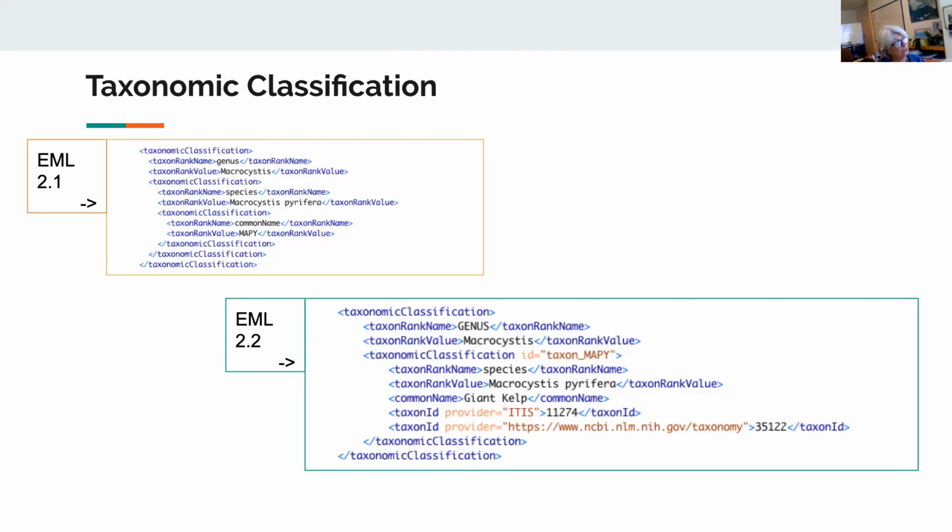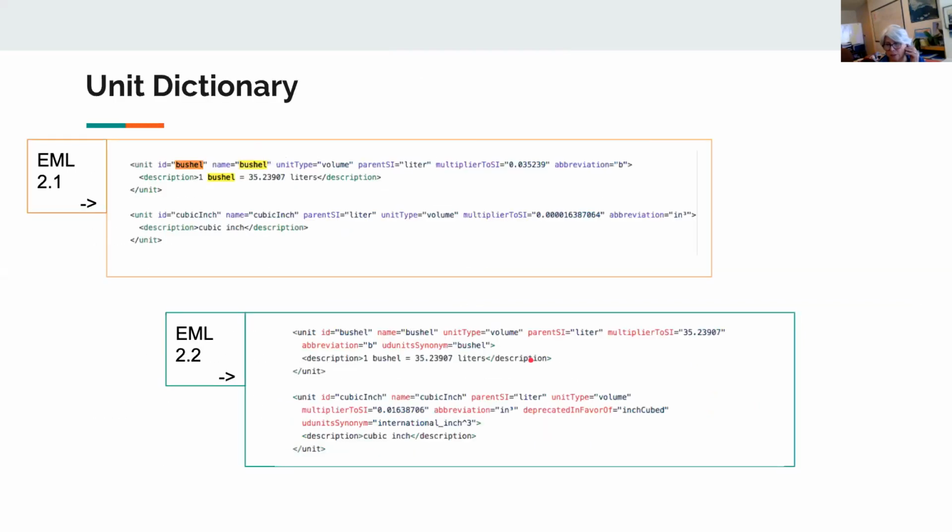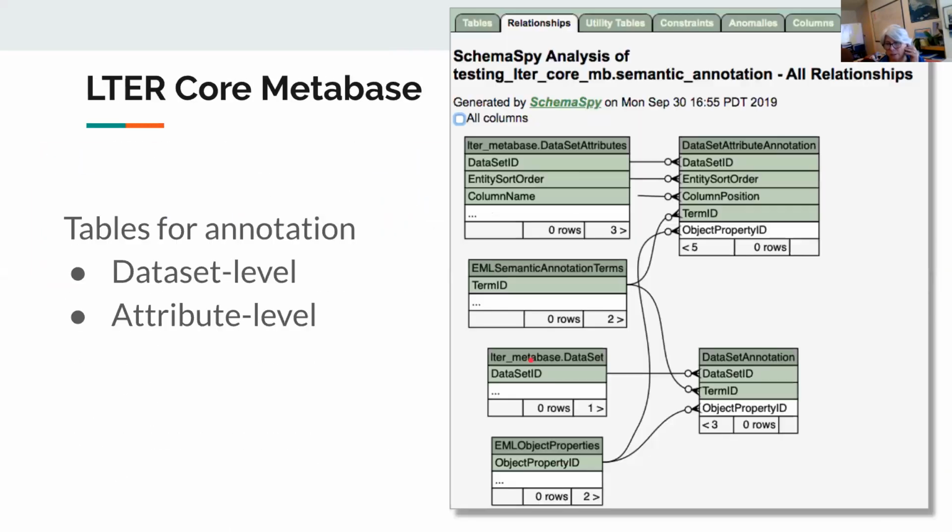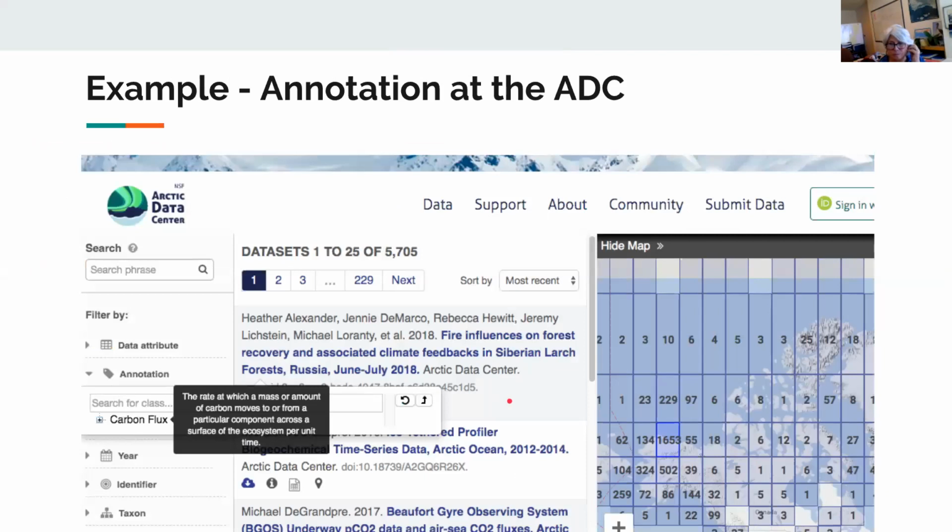The place to go look for this, where you can see it in action, is the ADC. Let me go back and find a couple more, down a couple slides. Here it is. This is the Arctic Data Center, arcticdatacenter.io, and look down here under this annotation. Type in carbon flux, because I know there are lots of carbon flux measurements.